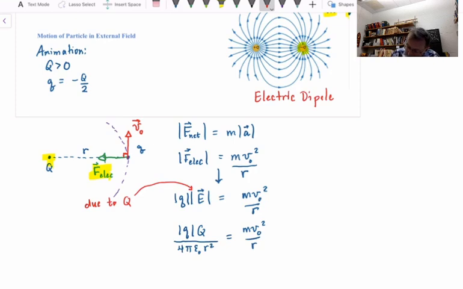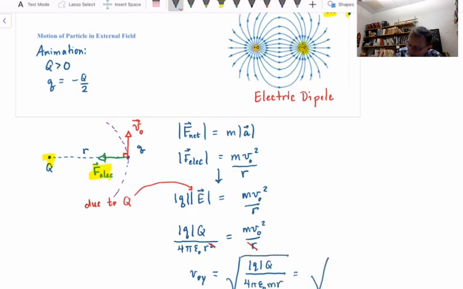I can multiply both sides by one factor of r. And then I can solve for v initial. So all I have to do is divide both sides by m and take the square root. And you get this. v initial, and it will be in the y direction, square root of magnitude little q times big Q over 4 pi epsilon 0 m r.